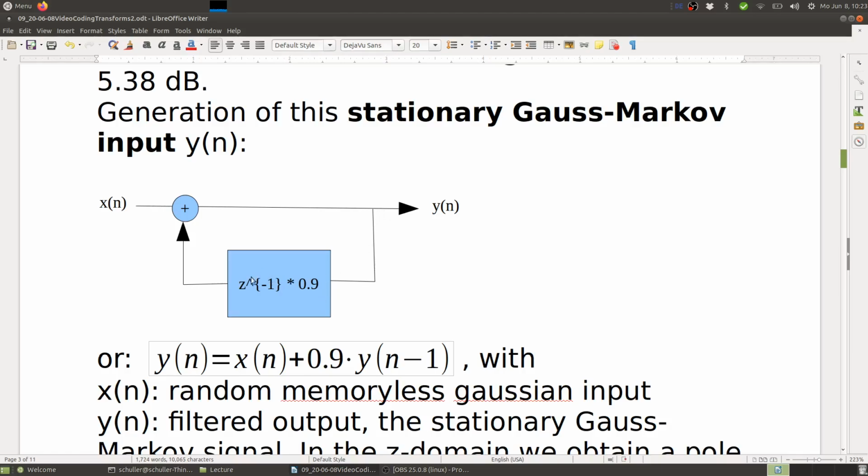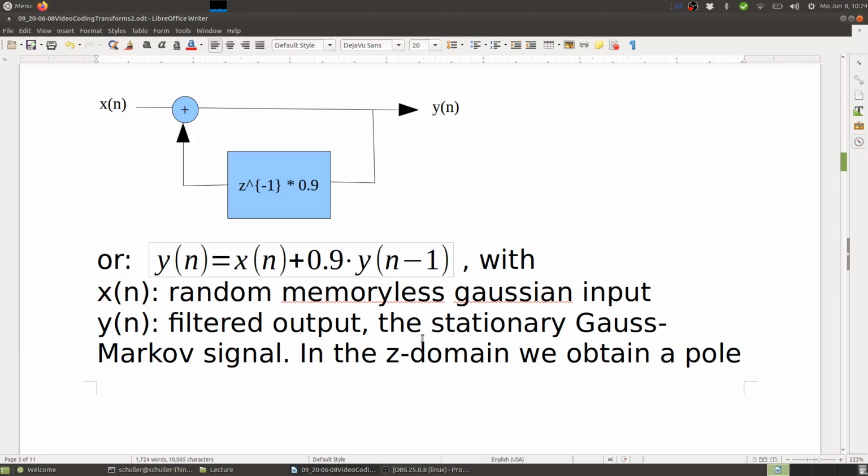It takes the past output, multiplies it with 0.9 and then adds it to the next input. So here's the formula: y of n is equal to x of n plus 0.9 times y of n minus 1, the previous output. Really simple, and this simulates the fact that pixels are very similar next to each other.